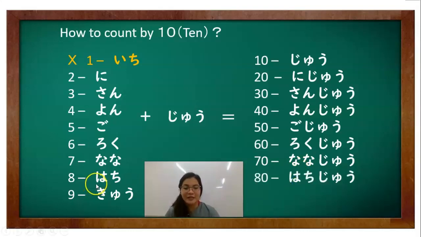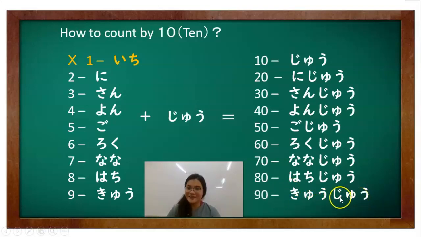And 80 is 8 plus ju, which equals hachiju. Okay, and last, 90 is kyu plus ju equals kyuju. Okay, so just simply add the numbers once and then plus 10 or plus ju.